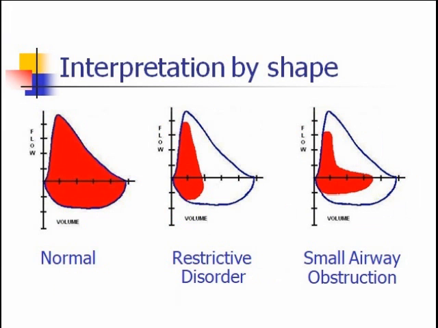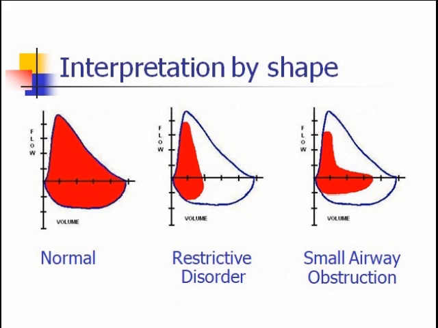As I said, the flow volume loop is a visual representation of the patient's fast exhalation. So on the left, you see a normal loop in red where the peak flow rises up and the FVC moves all the way to the right. So the widest point of the loop is your FVC.